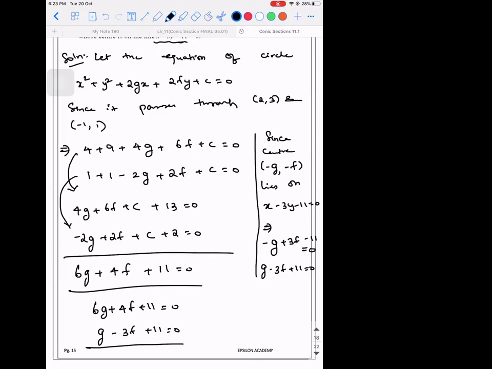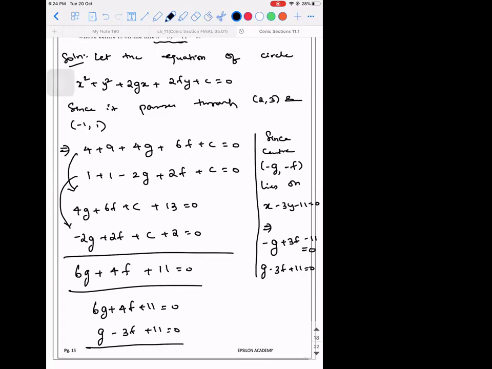So what is the value, guys? I'm getting 5 by 2. Which one, g? Yes, f is equal to 5 by 2.